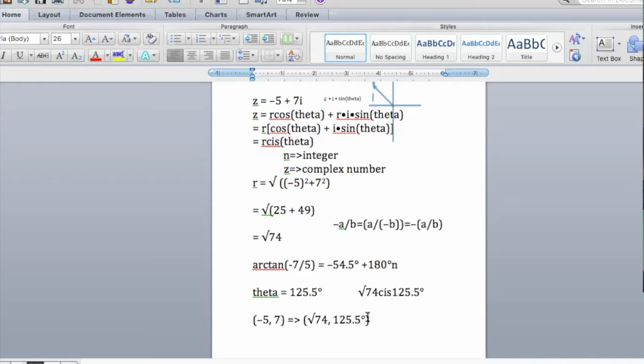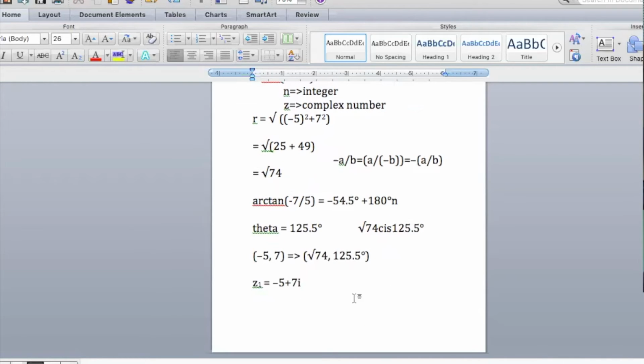These are the polar coordinates of a point, and these are the rectangular coordinates of the same point. These right here represent a complex number in rectangular form, and this represents the same number in polar form.